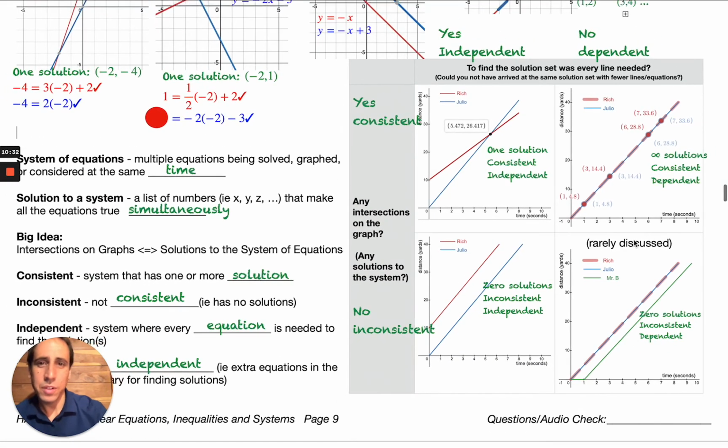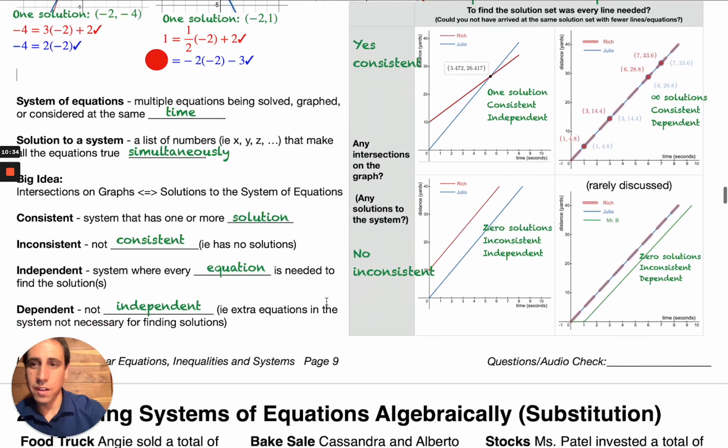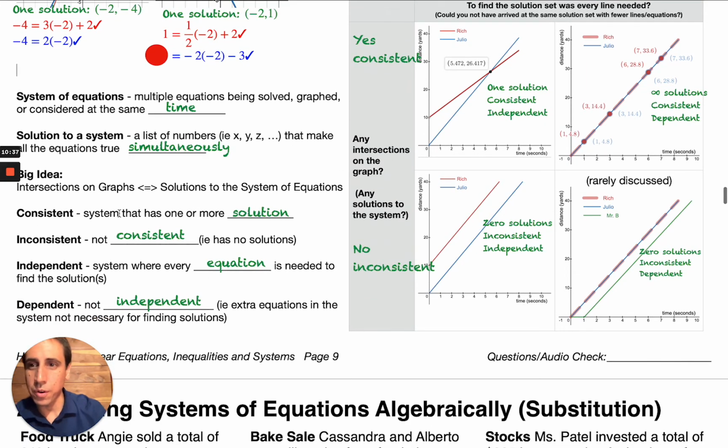This is really tricky stuff, and I just want to go through the vocabulary. Consistent means a system that has one or more solutions. Inconsistent is the opposite. It's not consistent. That is, it has no solutions. Independent is a system, it's yes over here, to find the solution set was every line needed.